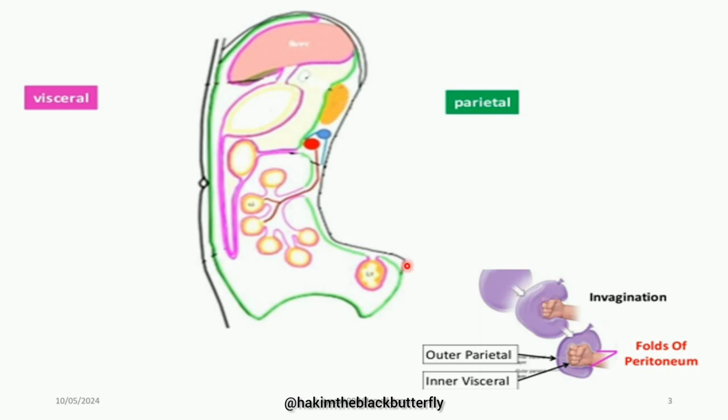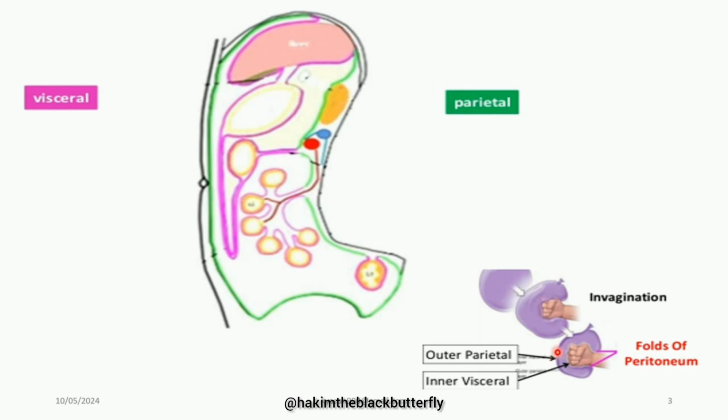Similarly, you can imagine using this analogy, an inflated balloon. If you put your fist into an inflated balloon, that layer of the balloon close to your fist, you can imagine it to be the visceral layer.